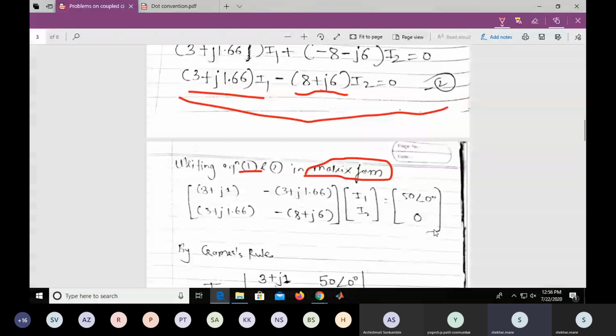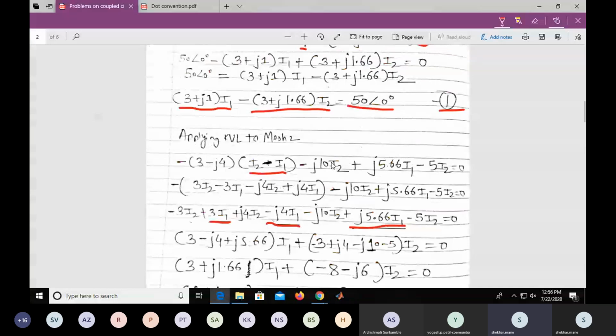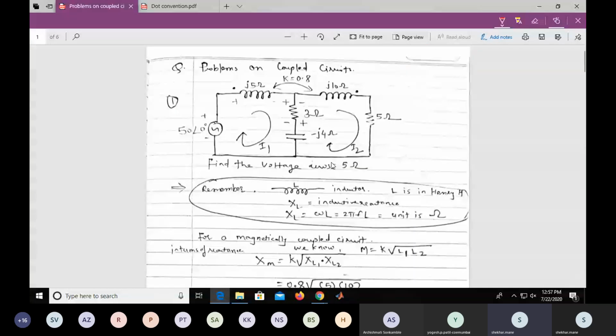Equation 1 and equation 2 in matrix form, constants equal to constants. Constants are 50 angle 0 and this is 0. Okay. So now by Cramer's rule, you have to find the value of I2. In this problem we have to find the voltage across the 5 ohm.